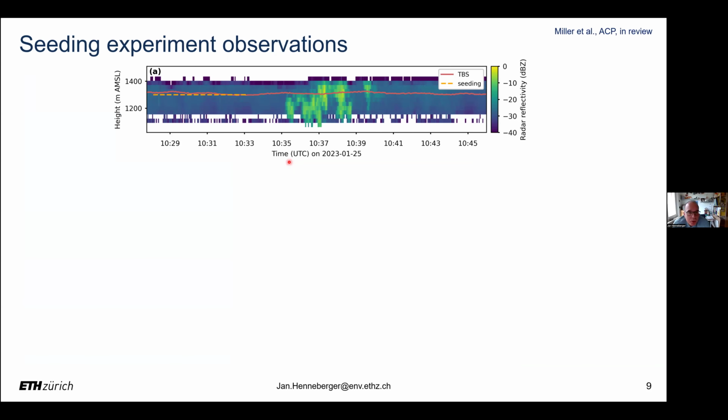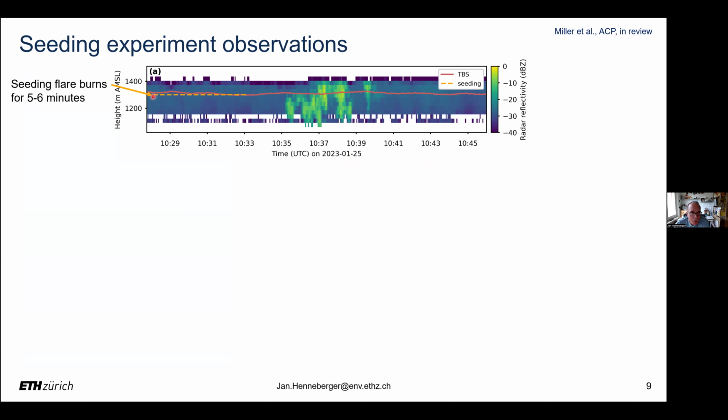And here we come now to the scientific data, a radar reflectivity plot for a seeding experiment on the 25th of January 2023. The dashed orange line shows the time and height of the seeding. The seeding flare burns for 5 minutes.